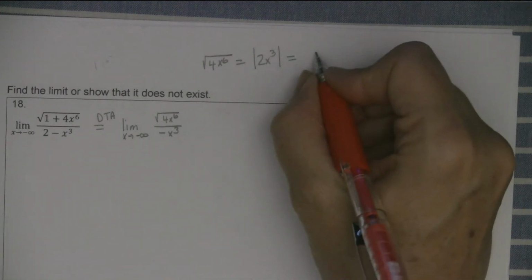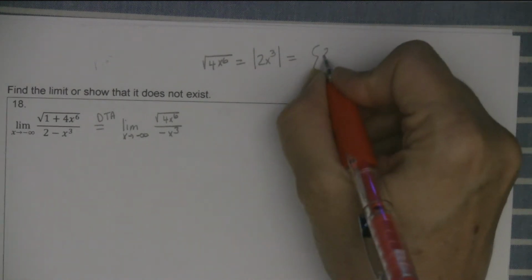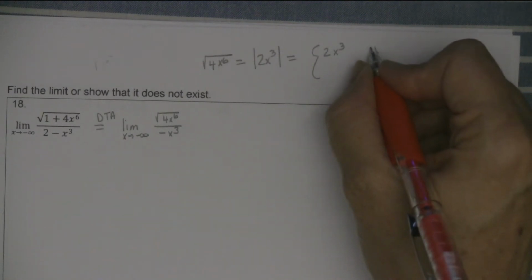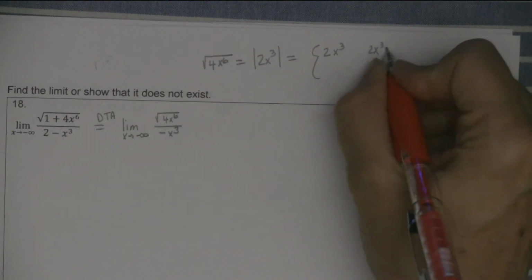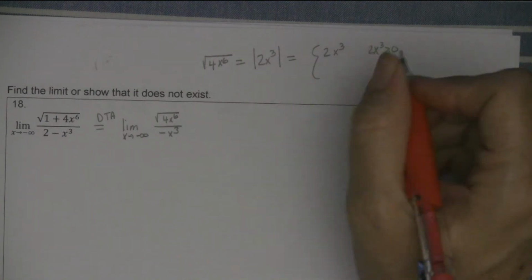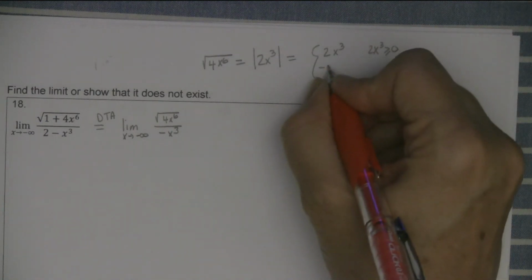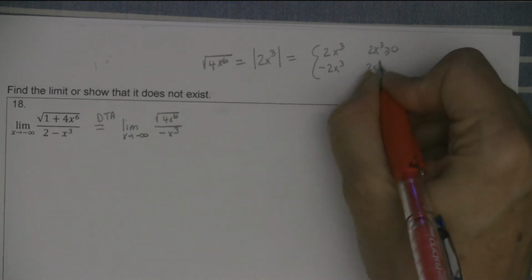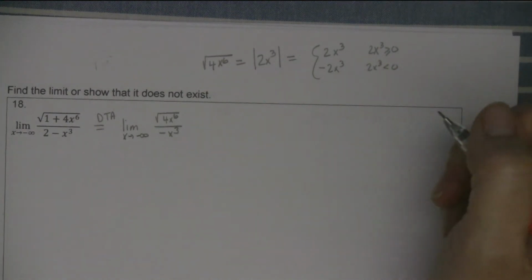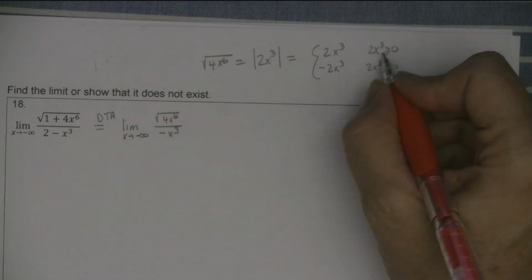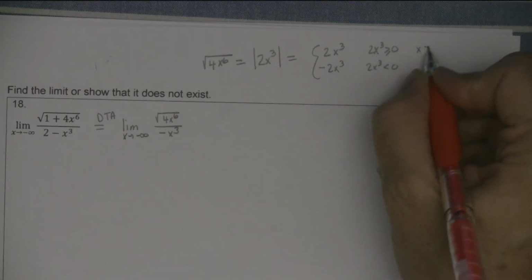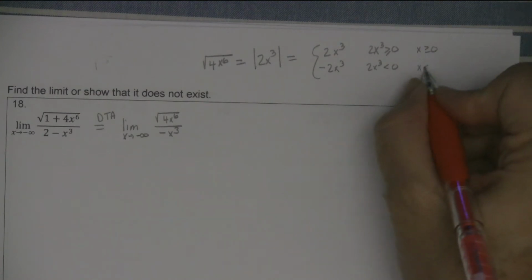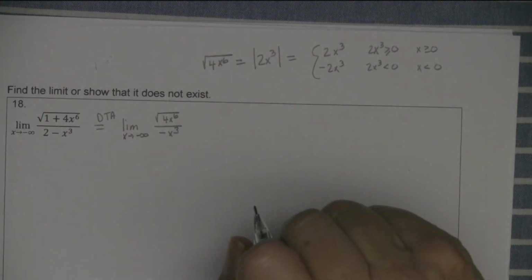And that's either equal to 2x to the third, when 2x to the third is greater than or equal to 0, or it's negative 2x to the third, when 2x to the third is less than 0, right? And you can solve that: this is when x is greater than or equal to 0, and this is when x is less than 0.